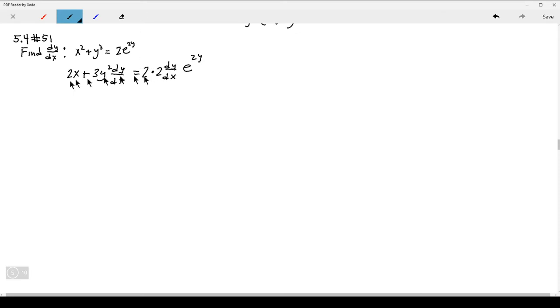Well, I guess I'm going to clean that up first. So we've got 2x, 3y squared dy dx equals 4e to the 2y dy dx. All right, so I want to move this term over to the other side, so I'm going to subtract that over.